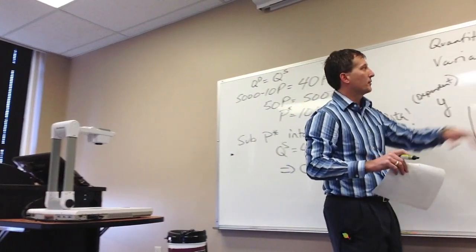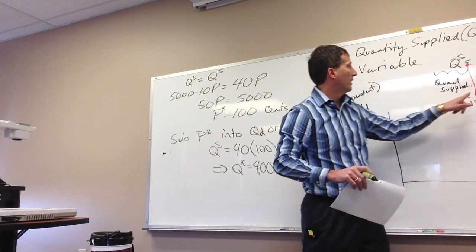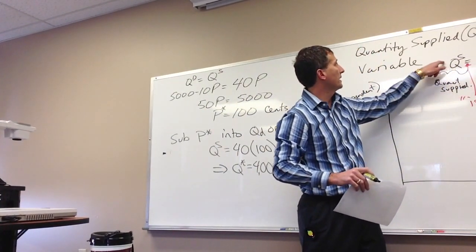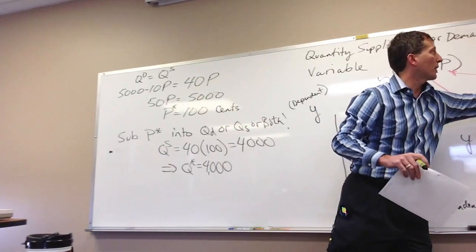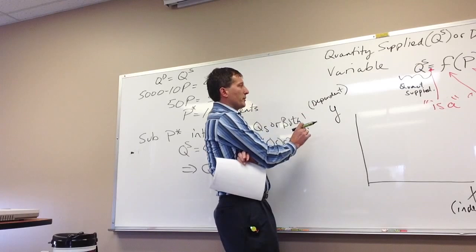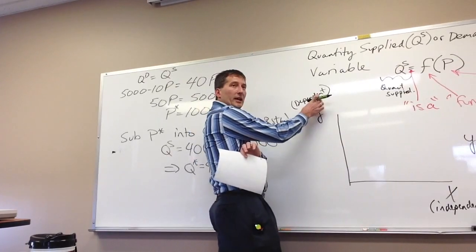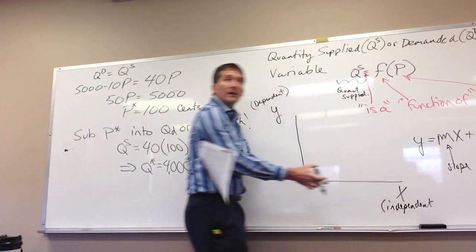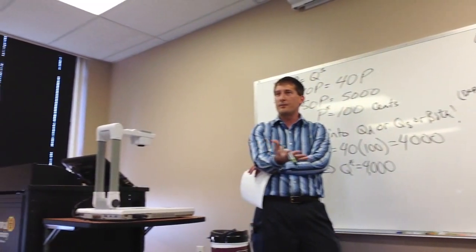And now it makes sense. If we take this function, this is the dependent variable, price is the independent variable, then we'd be writing it with Q here and P here. And then our math worked out.